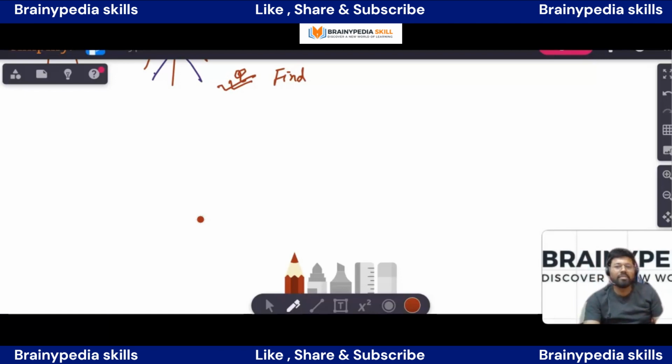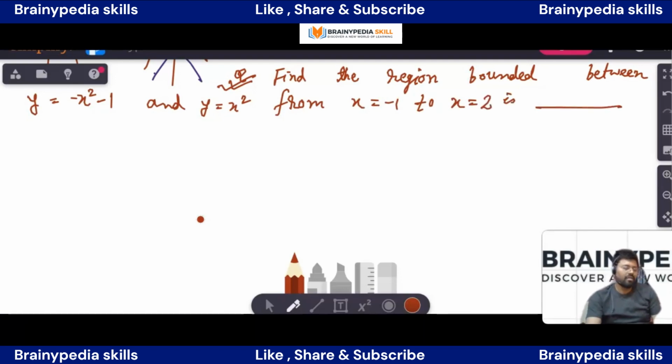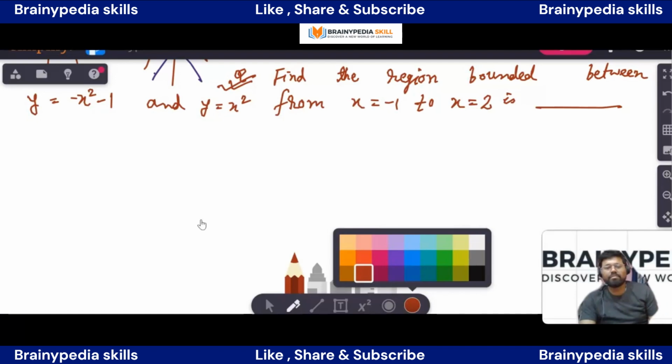So find the region bounded between y equals minus x square minus 1 and y equals x square, from x equals minus 1 to x equals 2. You need to find this. Okay. So you need to check the upper curve, lower curve part as well.